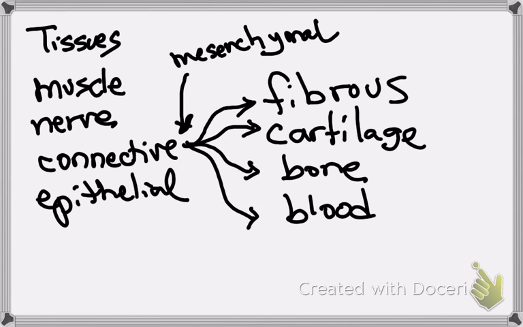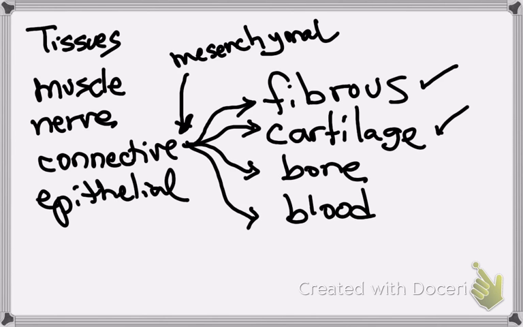Are you with me on the big picture now? Okay, so mesenchymal tissue is the original embryonic connective tissue, and it can become any one of these things. So depending on where in the skeleton you are, those mesenchymal cells will either form a fibrous tissue or a cartilage within the skeleton, within what's going to become bone.